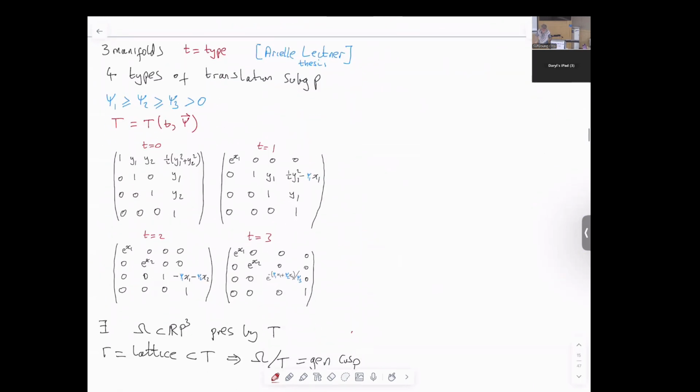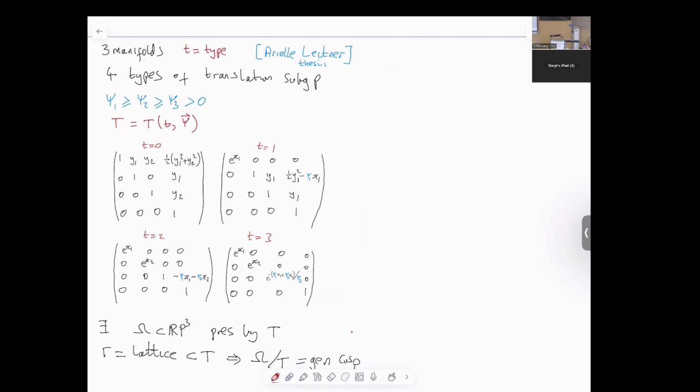So Ariel Leitner, in her thesis, discovered what the possibilities for generalized cusps in three manifolds are. She found there are four types. And this type here, you should recognize as corresponding to a cusp in a hyperbolic manifold. This is a standard group of parabolics in the parabolic model of hyperbolic 3-space. That's type 0. Type 3 is a subgroup of the diagonal group.